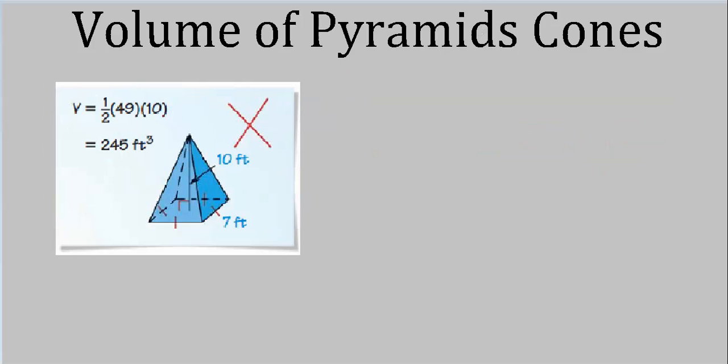Well, looks like our old buddies Inseam and Fleabite just won't give up. They're still trying to get it right. The formula for a pyramid is 1/3 times the area of the base, that's the base here, times the height. Well, the height is 10.